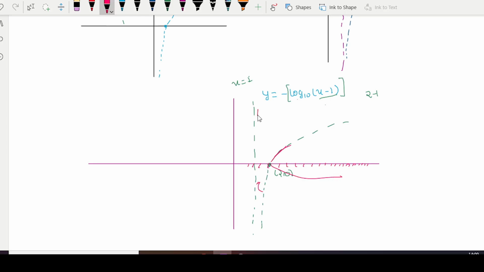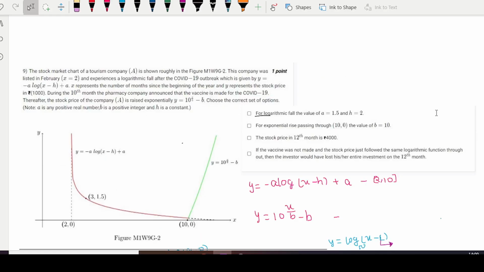Now if we add a constant greater than 0, then this graph will shift upward, so the graph will look somewhat like this. With this understanding, now we are going to solve our question.